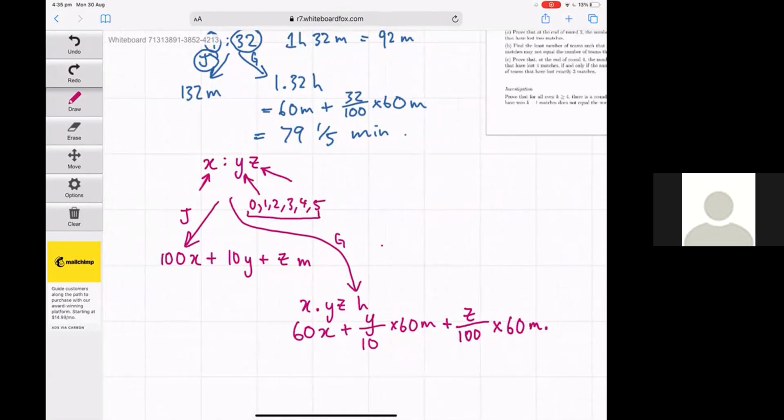So that becomes 60X plus 6Y plus 0.6Z minutes.